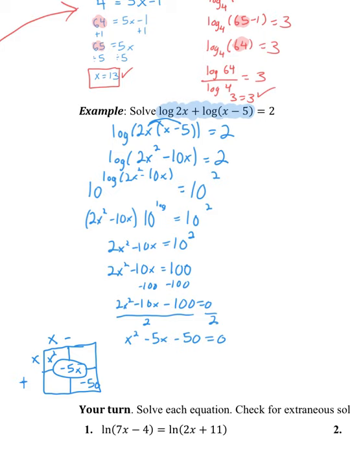So 5 and 10 would work. So I could say minus 10 there, plus 5. I want the bigger number to be a negative, because I want a negative in the middle, and that sure enough works. So it turns out x minus 10 and x plus 5 are my two factors here.